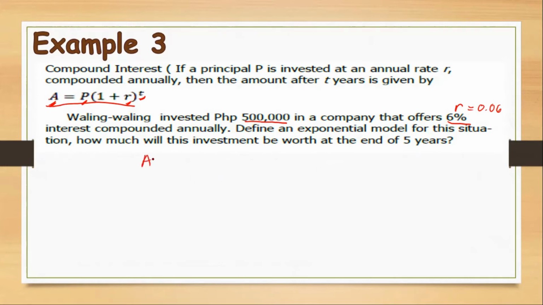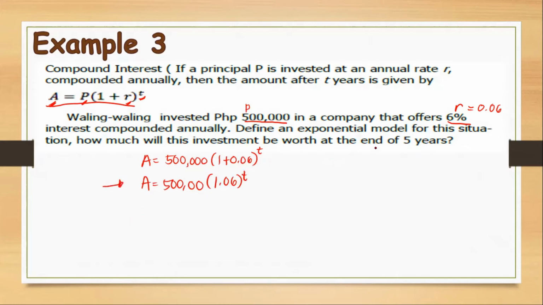So our A will be equal to, the P is 500,000 multiplied by 1 plus the rate, 0.06, raised to time. So our A is equal to 500,000 times 1.06 raised to T. This will be the model.